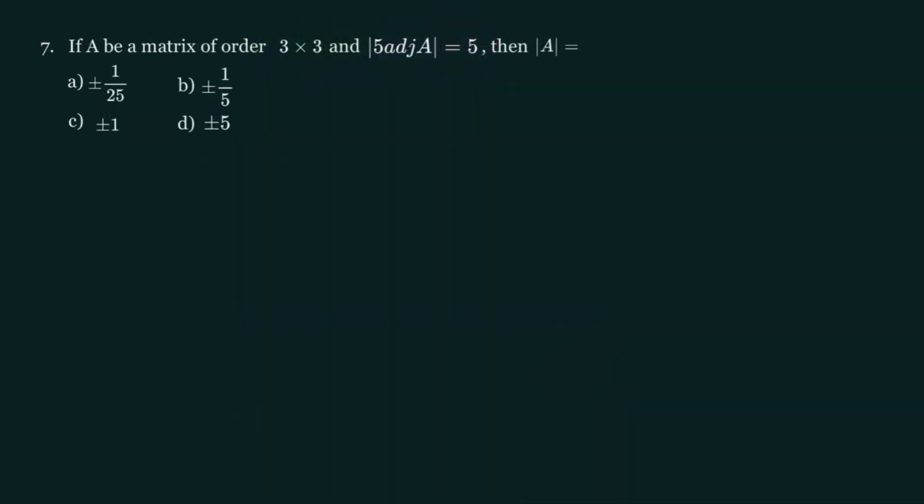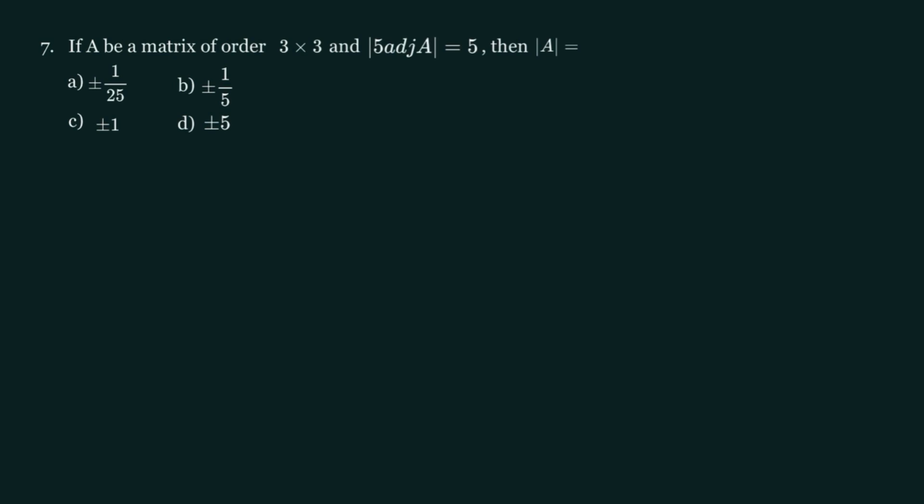Number 7. If A is a matrix of order 3 by 3 and the determinant of 5 adjoint of A equals 5, then we need to find the value of determinant of A. For this we need to know the properties of the adjoint of a matrix, and here I need two properties.